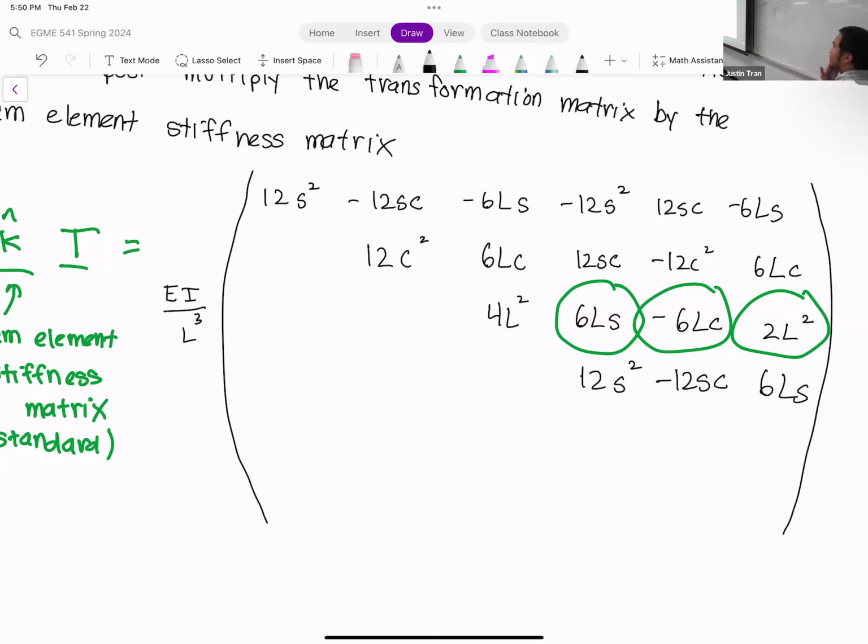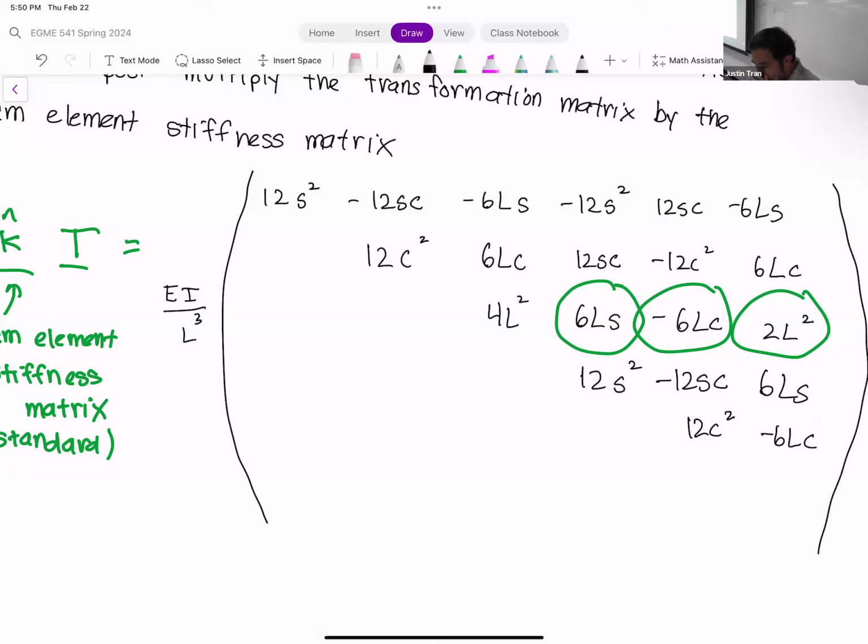So for the third row, make sure you correct those three entries that I've circled in green. Okay, so the second to last row, we have a 12C squared, minus 6LC. Okay. And then our bottommost entry here is going to be 4L squared. And everything that we don't list here is just symmetric. Okay.